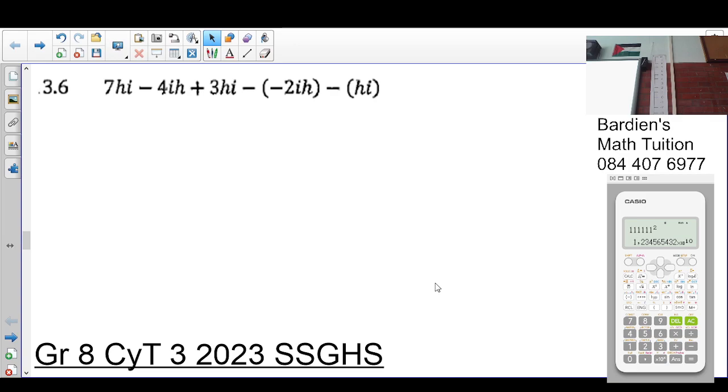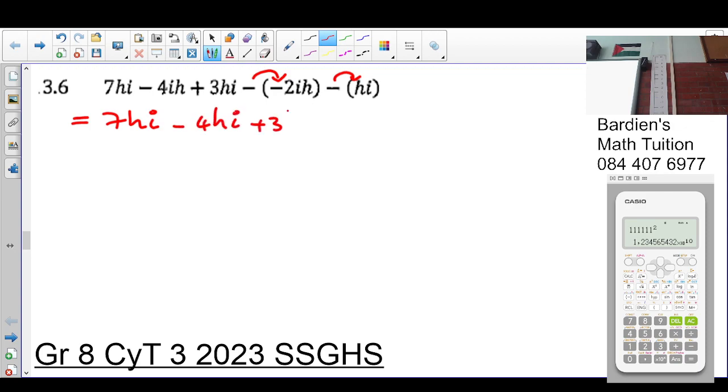Okay. People, what needs to be done first? Get rid of the bracket, yes. So 7hi. People, hi is the same as ih, not so? So it's minus 4hi plus 3hi.